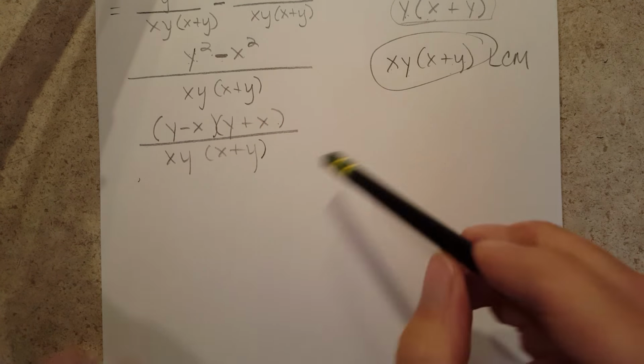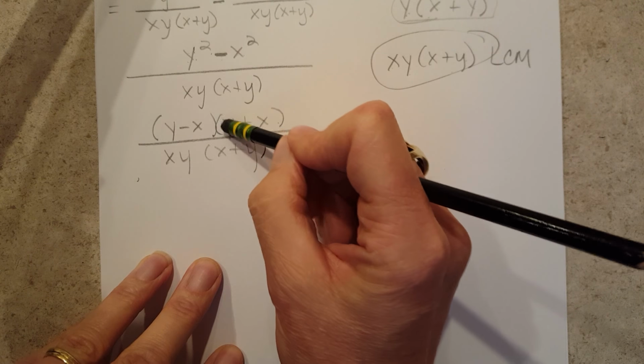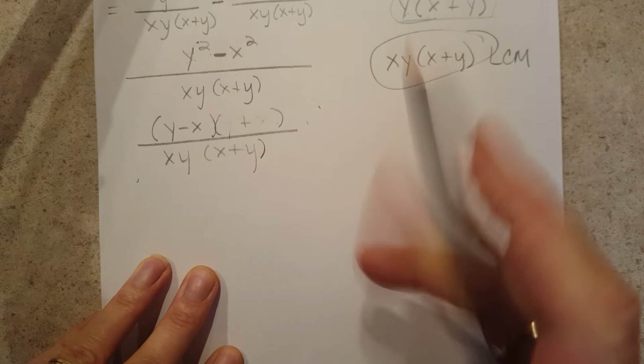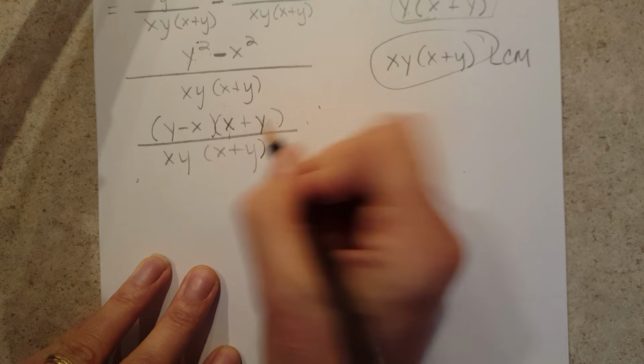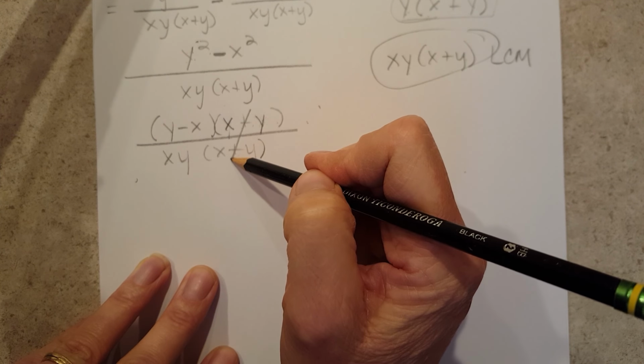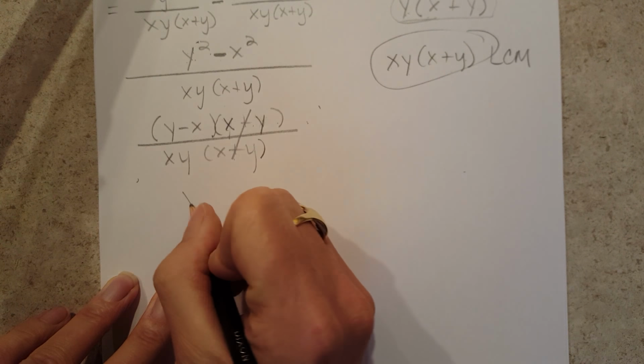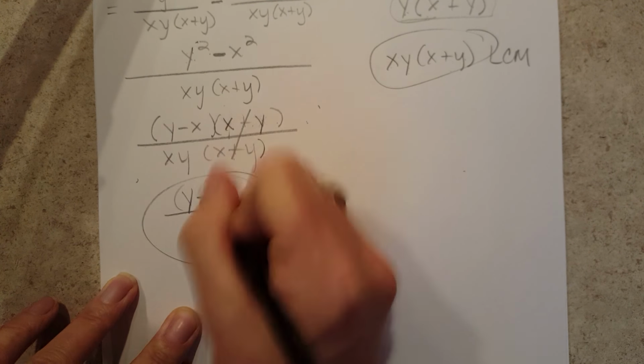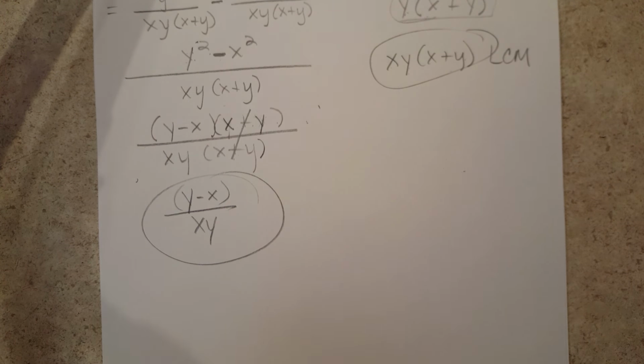This, I should have written the other way. With addition to it, doesn't matter the order. So if I order it this way, you need to try to see it, right? You can see that these two are the same. So that's going to be 1. They're going to cancel. You're left with y minus x over xy. And that's your simplified term.